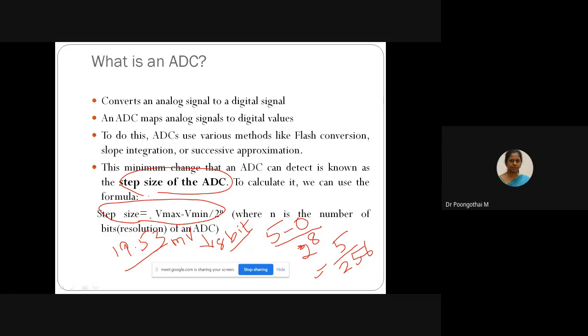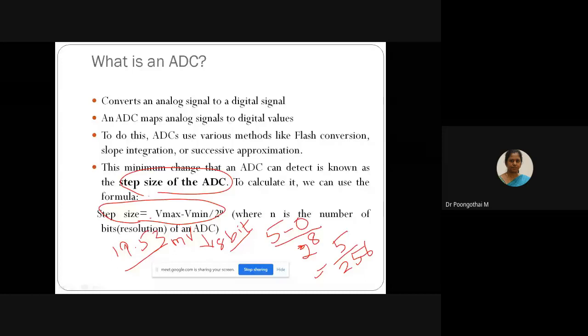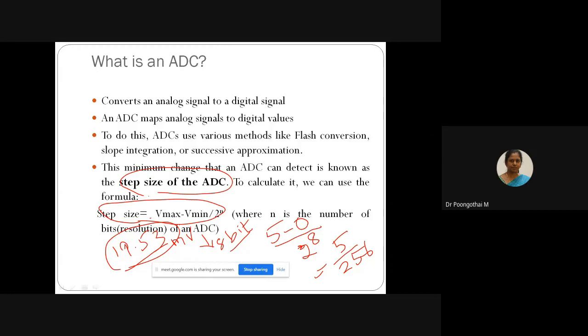The inference is that your ADC can detect a minimum voltage change of 19.53 millivolt. That is the significance of this value. Is that clear?